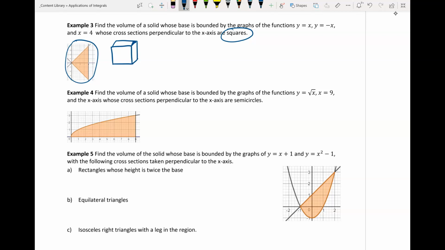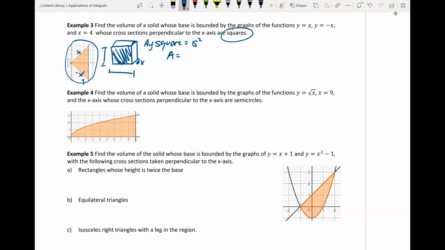I know that square should have the same length and height, and the width will be dx. We also know the area of the square is s squared. We want to find the area of this one face.